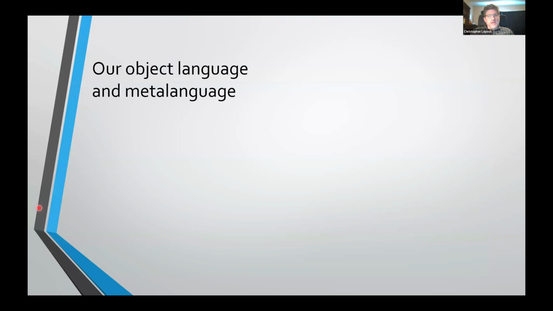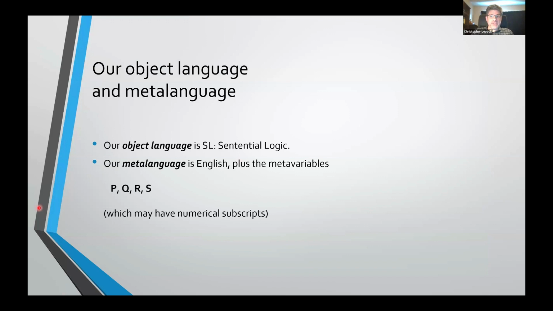Okay, so if you remember from the previous video, we drew the distinction between the object language, which is the language that we're talking about, and the meta language, which is the language that we're using to talk about the object language. So our object language here is SL, which stands for Sentential Logic. The meta language is English augmented with meta variables P, Q, R, and S. And notice that these are in boldface, so they're not just regular capital letters, they're boldface capital letters.